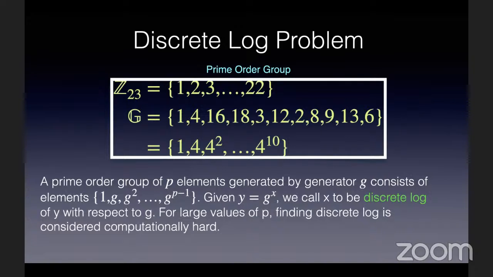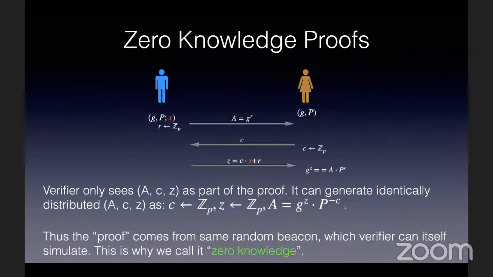But just to illustrate, I've chosen a simple modulo group with this modulo operation, right? In general, it can be anything that has a multiplication operation. It could be matrices also. It could be anything that has a notion of multiplication.